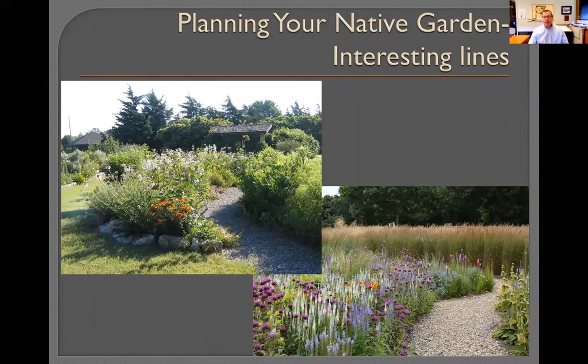I can kick it in one way or make it larger, but it helps me step back and begin to visualize what the parameters of this garden are going to be. This is a great way also to lay out paths in your garden, by simply using a garden hose to help you visualize where that path is ultimately going to go.